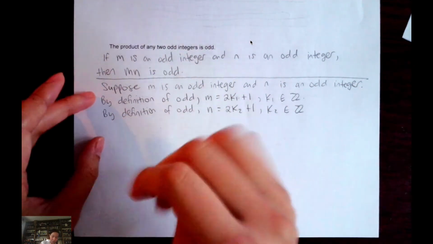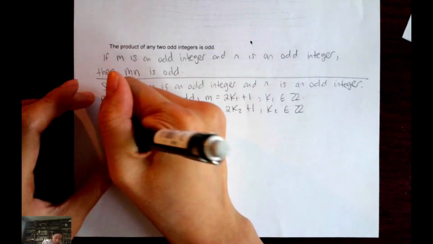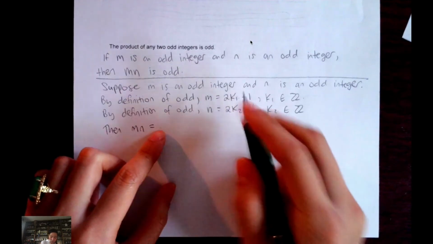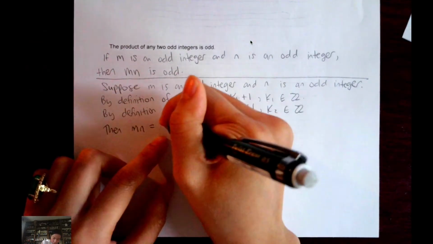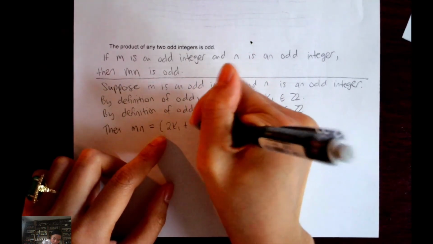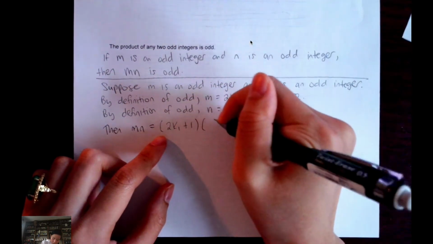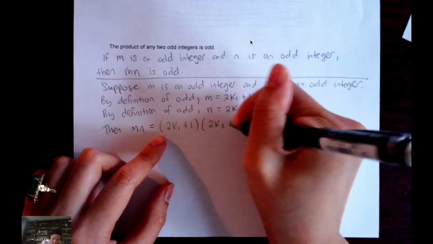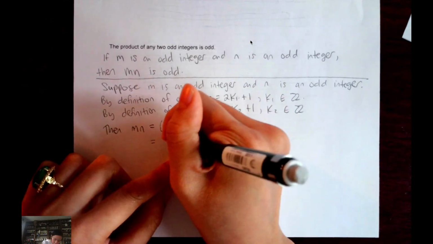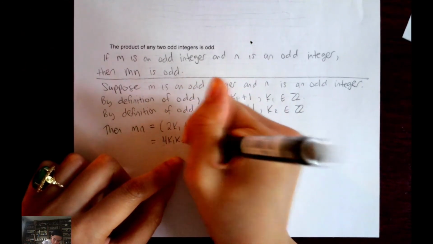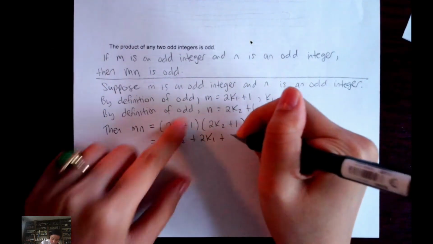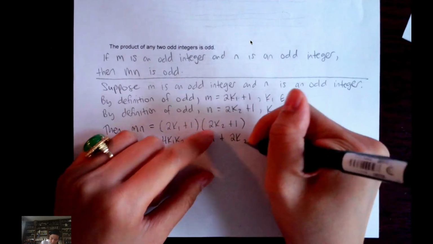Okay, and now you want to introduce m times n, so you could say then mn equals, well, we know that 2k1 plus 1 equals m, so 2k1 plus 1 times n, which is 2k2 plus 1, and that equals 4k1k2 plus 2k1 plus 2k2 plus 1.